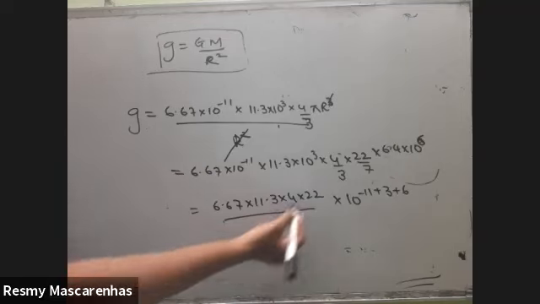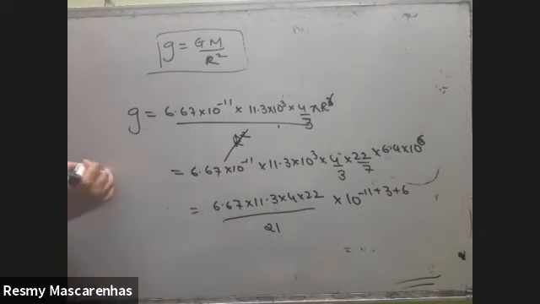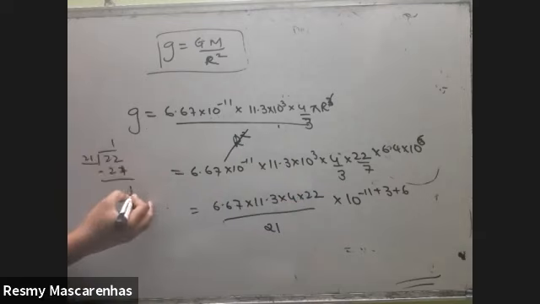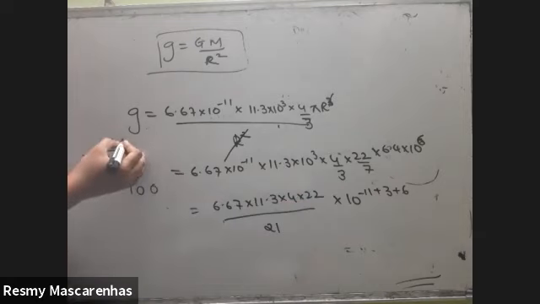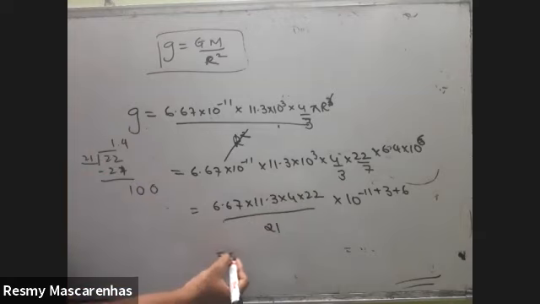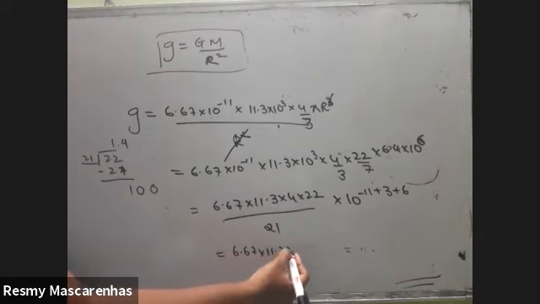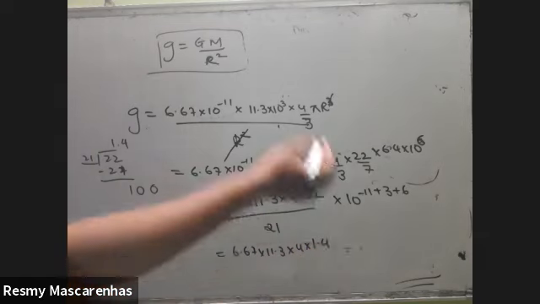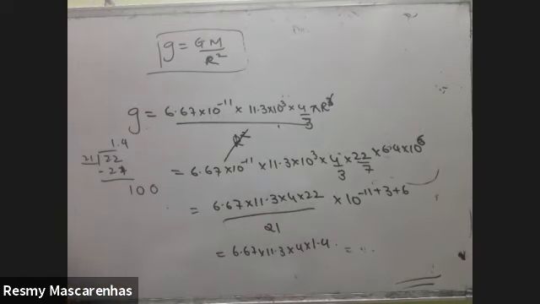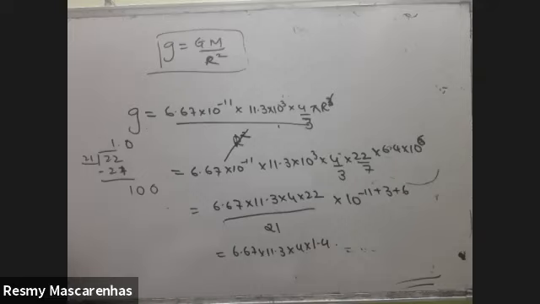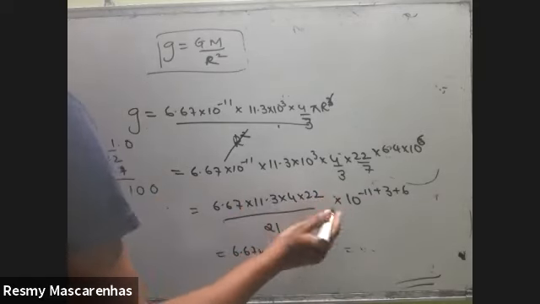So you can divide this, 22 by 21. So around 1.04 it will be. I haven't multiplied 6.4, that is also there.